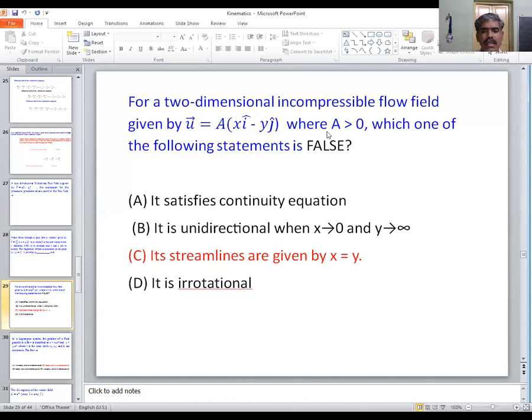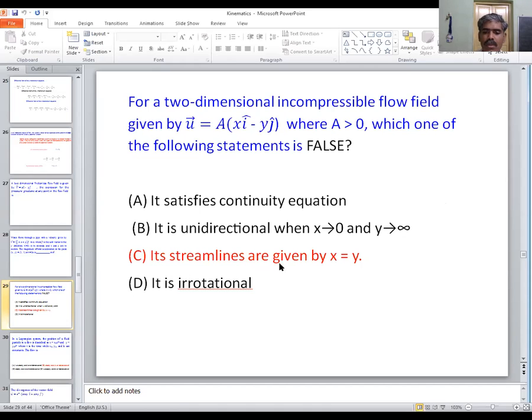The a is some constant, a parameter that is greater than 0. So I have to check whether the continuity equation is satisfied or not. We can say it is either true or false. Similarly, is it unidirectional when x tends to 0 and y tends to infinity? One becomes infinity, another one tends to 0. It's not unidirectional. This is a true statement.